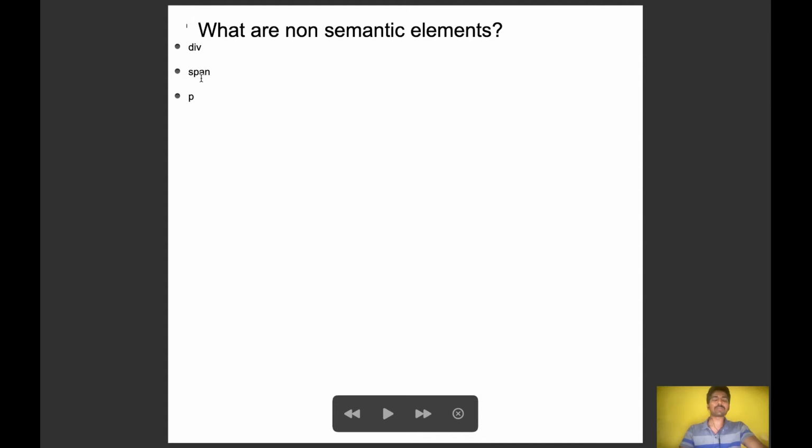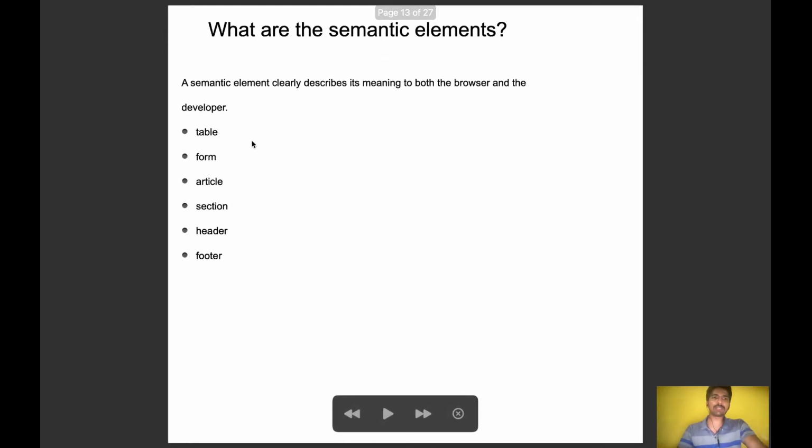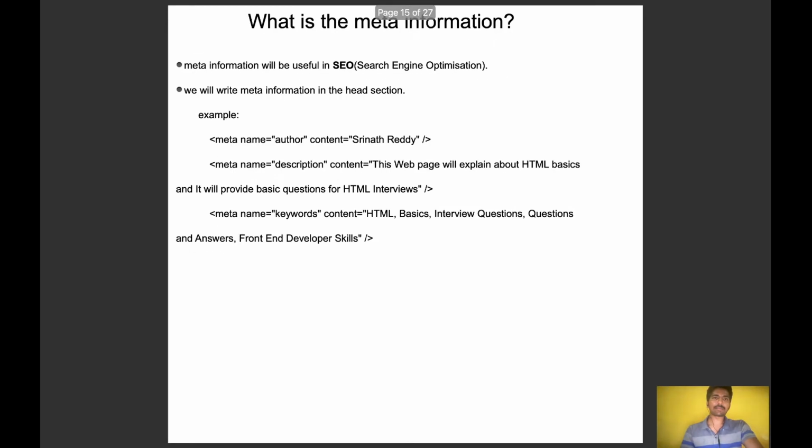By seeing the naming we cannot identify easily. But semantic elements we can identify easily based on the names, and this is useful in SEO, search engine optimization. I will tell you later after that.